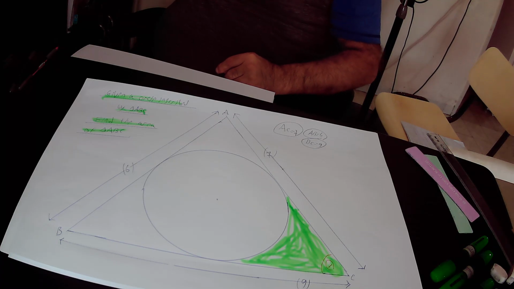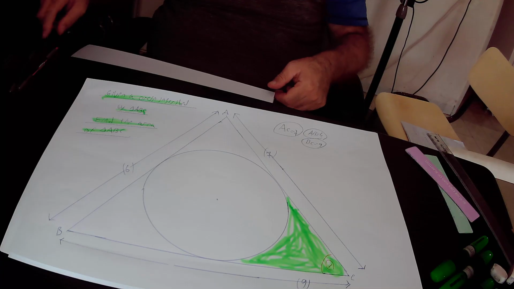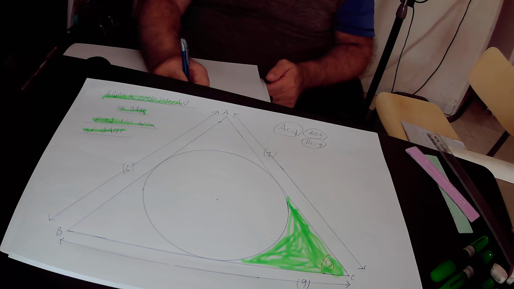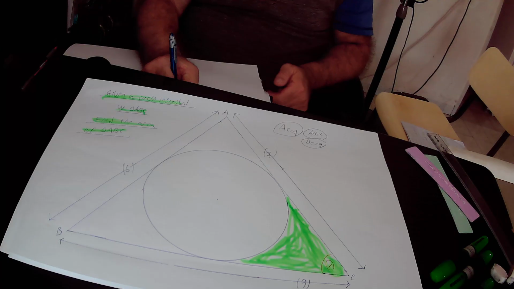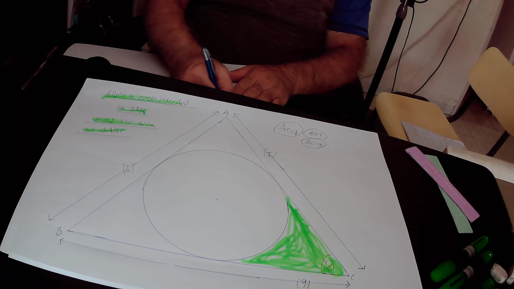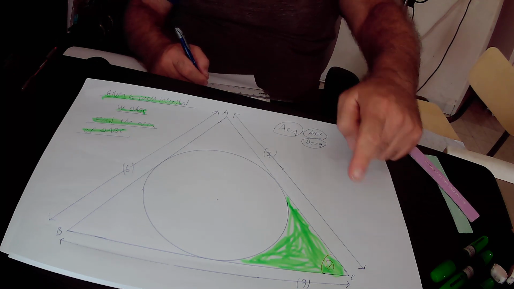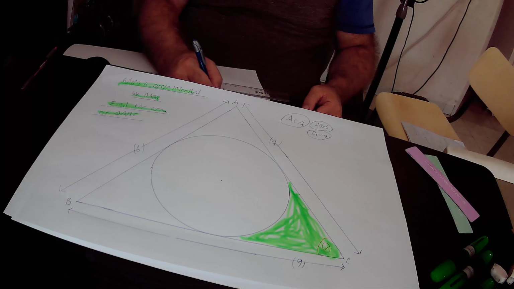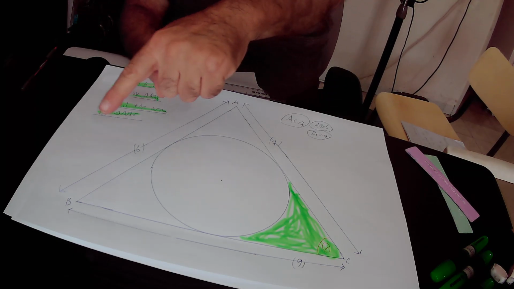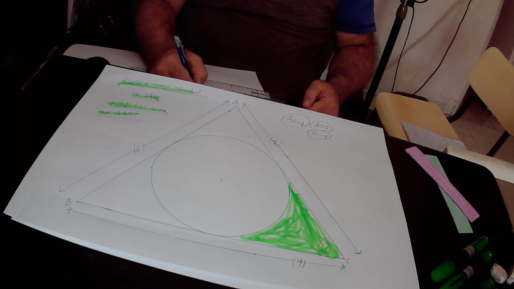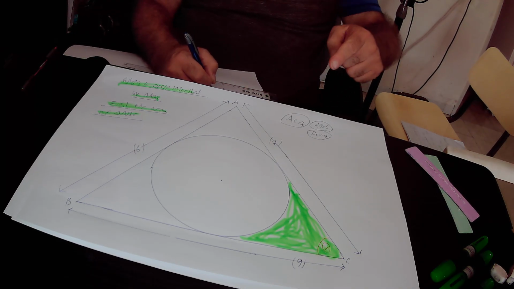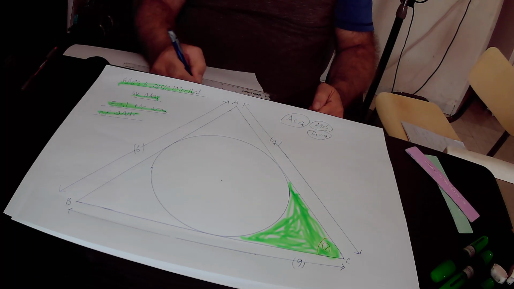According to the law of cosines, we get that in triangle ABC the following equation is true: AC squared plus BC squared minus AB squared over 2 times AC times CB equals cosine theta.